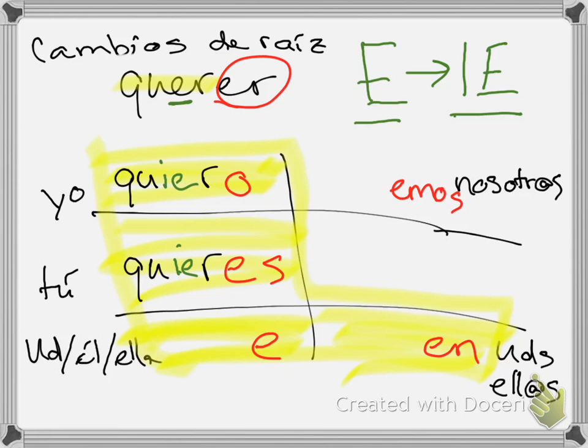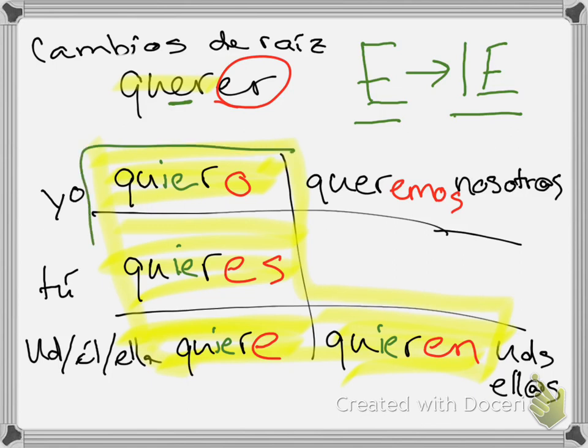Él, ella, usted is going to be quiere. Okay? Ellos, ellas, ustedes is going to be quieren. Okay? Where it doesn't change, it doesn't change. And we just copy it all the same. Queremos. Okay? So once again, if my E changes to an IE, I just need to watch. This is where it's going to change.